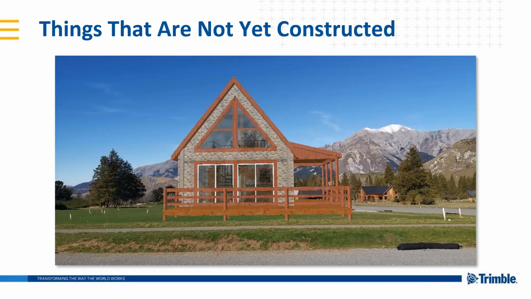If you've got a new house project, for example, you might have a CAD drawing from your architect. Well, in this picture, that house is actually a digital CAD model that's been loaded into Sight Vision. That's an empty site, and the house on the site is the model being viewed through Sight Vision.